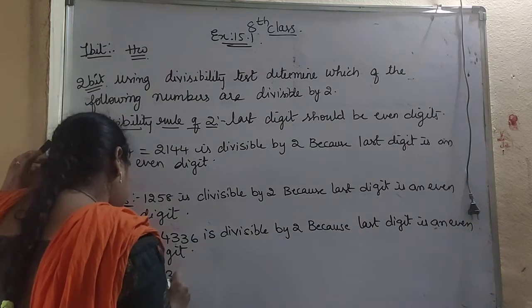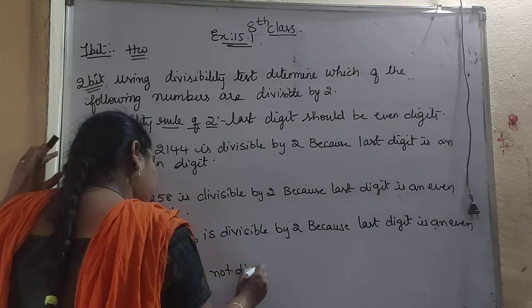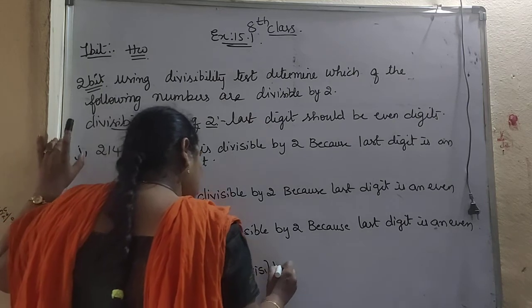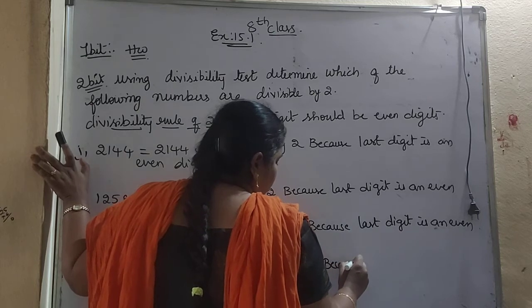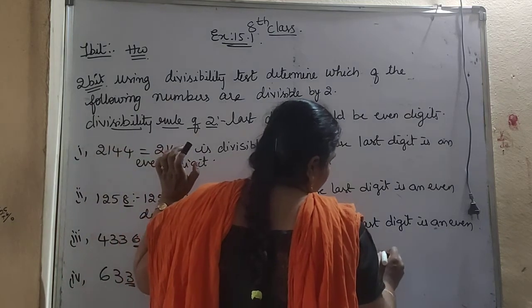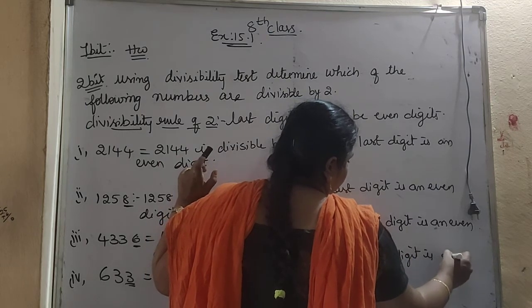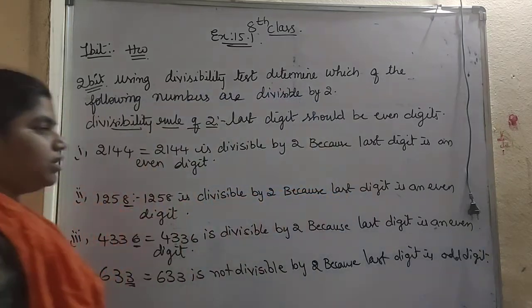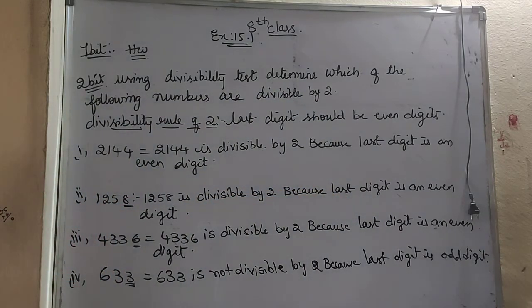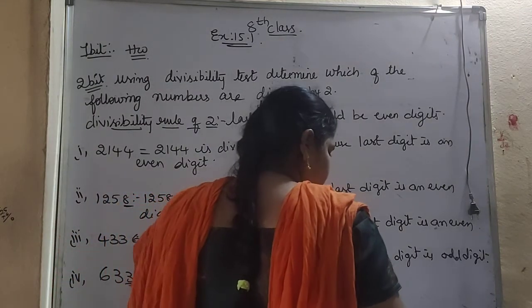So 633 is not divisible by 2 because the last digit is an odd digit. That's why it is not divisible by 2.